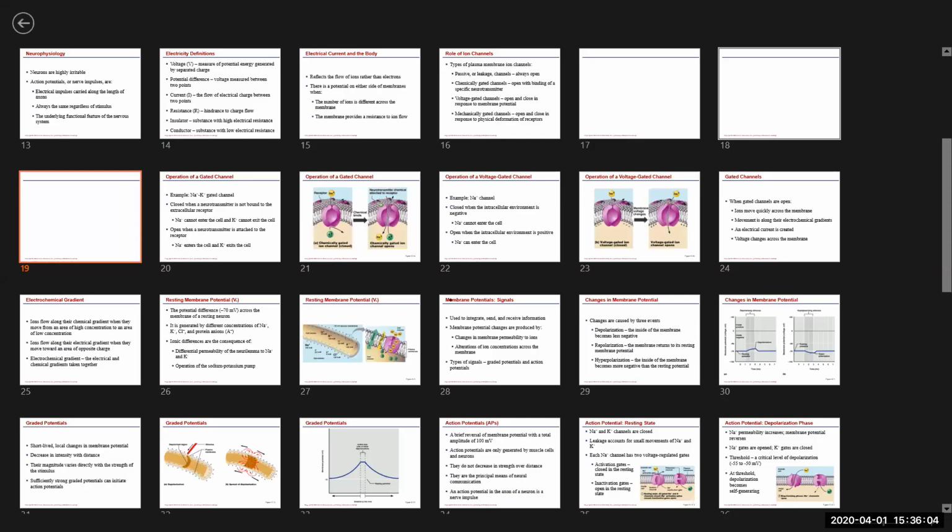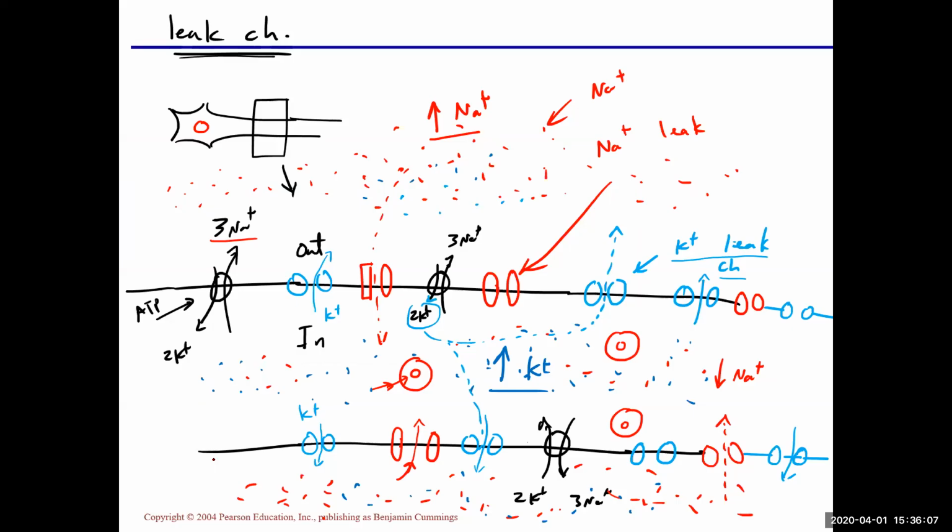But those are the main parts. I think it can get you going. Let's come back to this part right here. We still haven't gone to the process of action potential yet. These are the types of channels that are involved in the process of action potential. So that's why I talked about it.